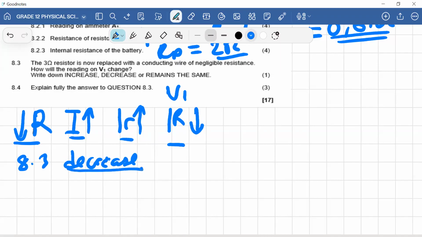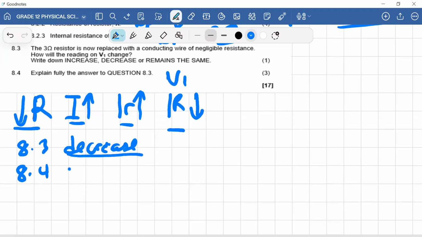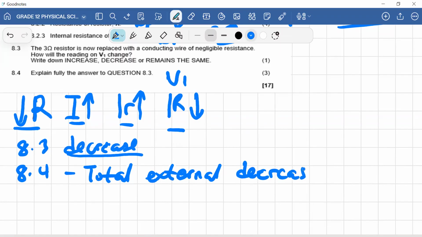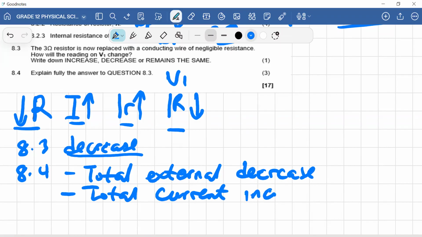So why? What is our explanation? We are now going to state that the total external resistance decreases, and total current increases. All right.